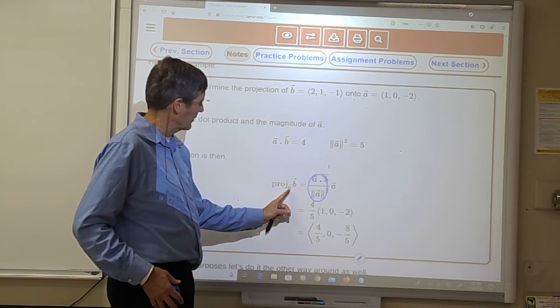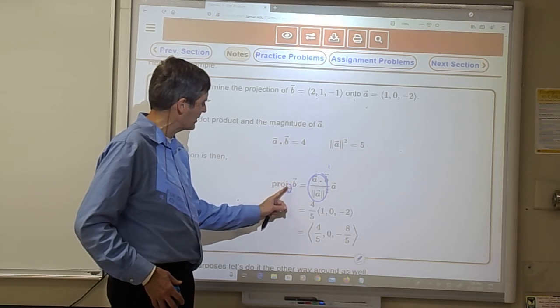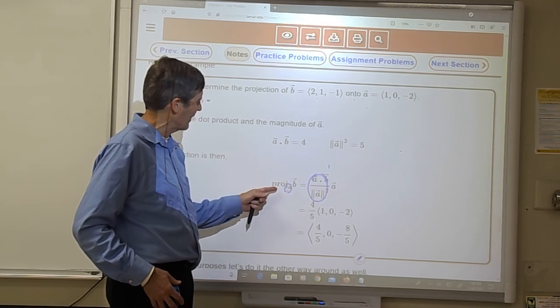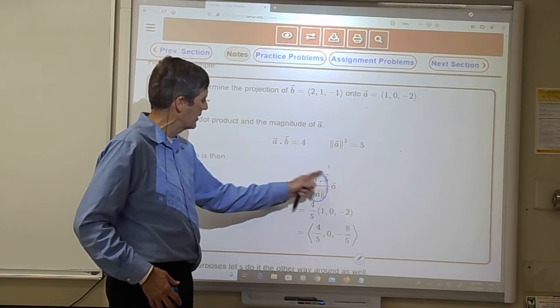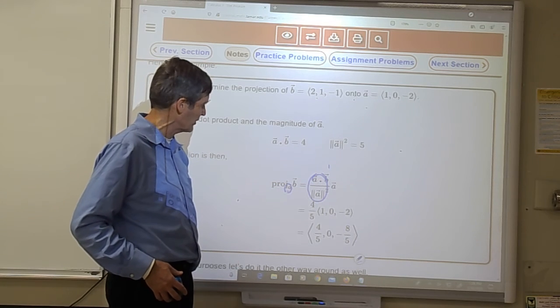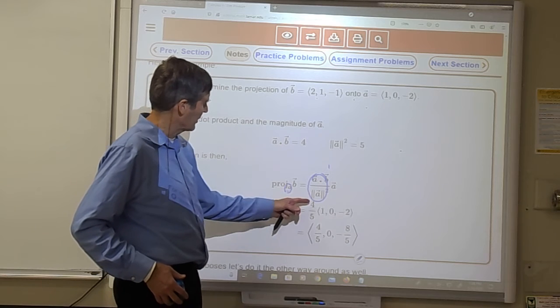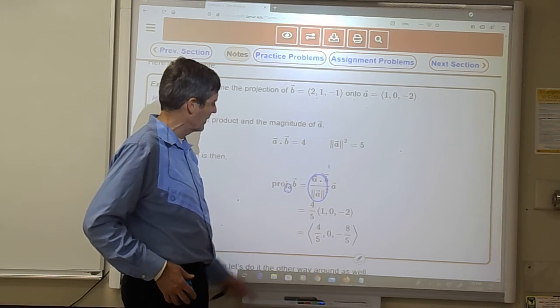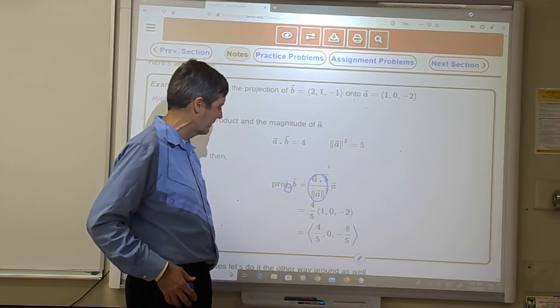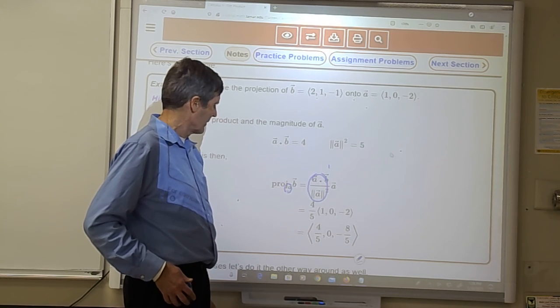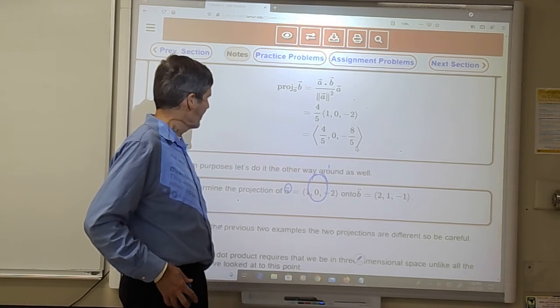You always get a vector in the direction of a. We're finding the projection of b onto a, so we get a vector parallel to a always, and this number times a tells you the projection of b onto a. So apparently it's 4/5 of a. It's pointing in the same direction, but 4/5 of the length of a. And here's the projection right here.